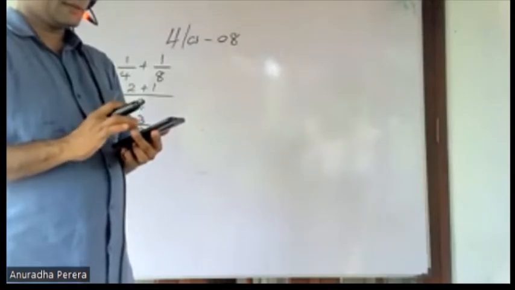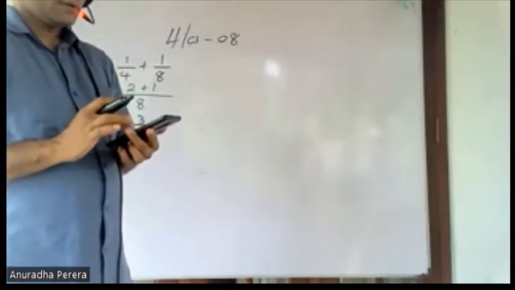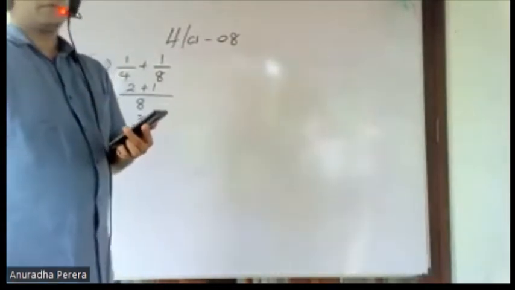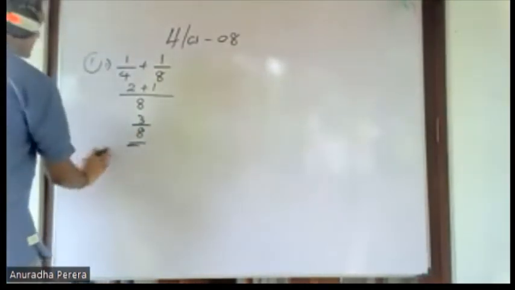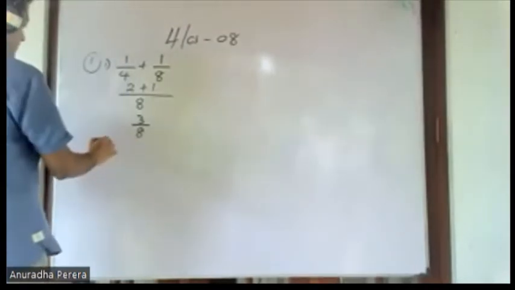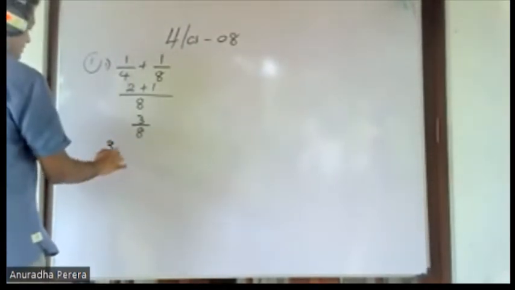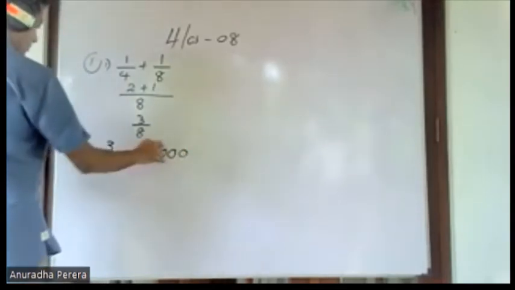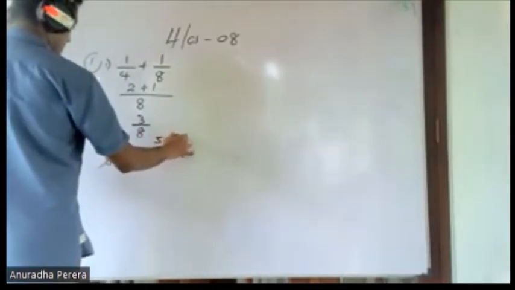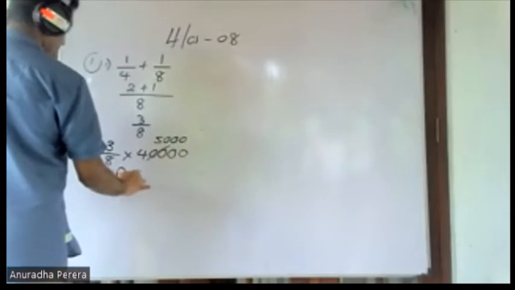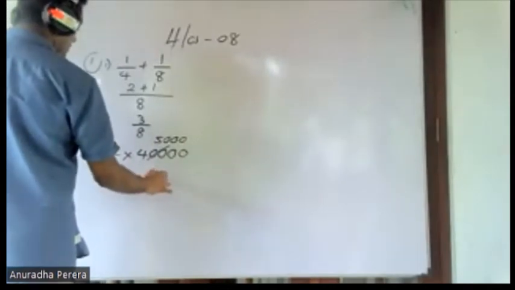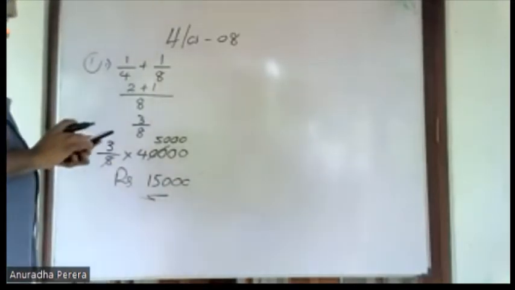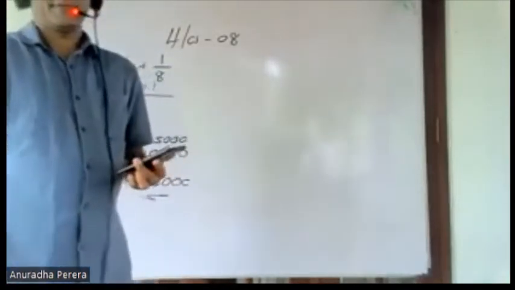Then his salary is 40,000. Then the amount can be determined: 3/8 of 40,000 is 15,000 rupees spent for both food and the other expenses.